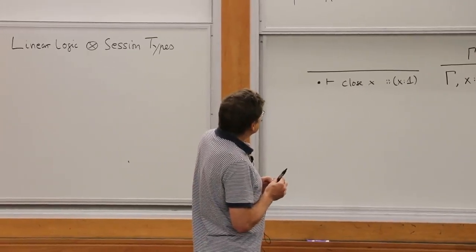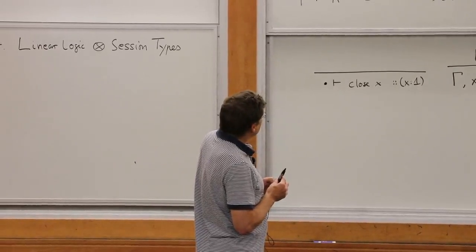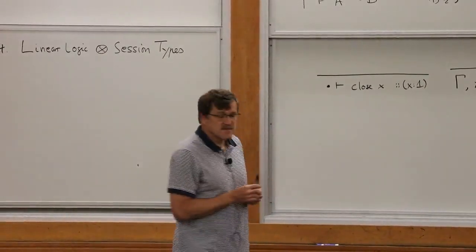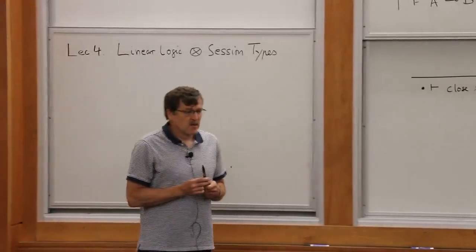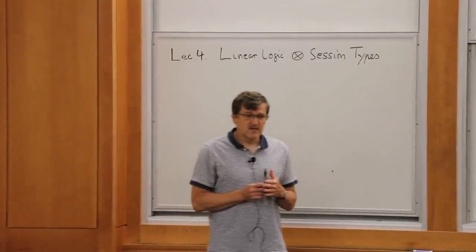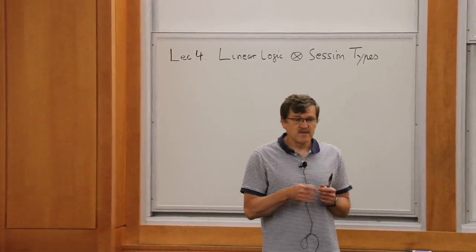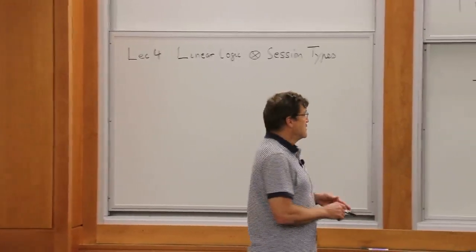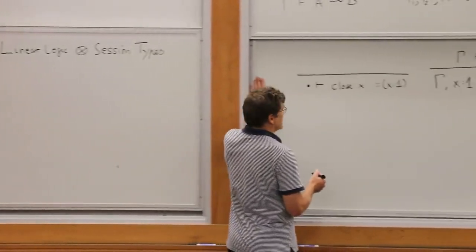So now the next thing is maybe let's look at linear implication, lolly. Functionally, you think of A arrow B as a function that takes an argument of type A and gives you a result of type B. So here we have something fairly similar.